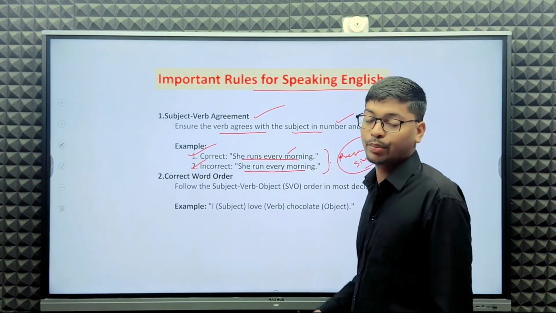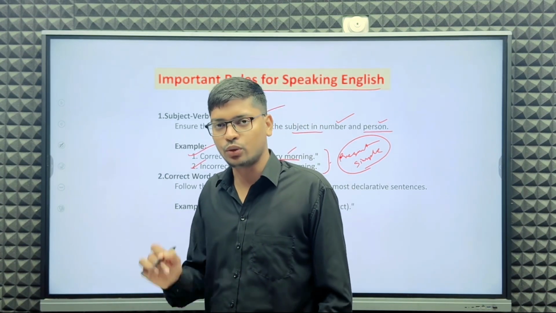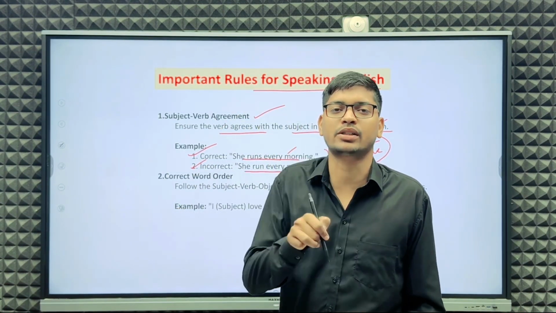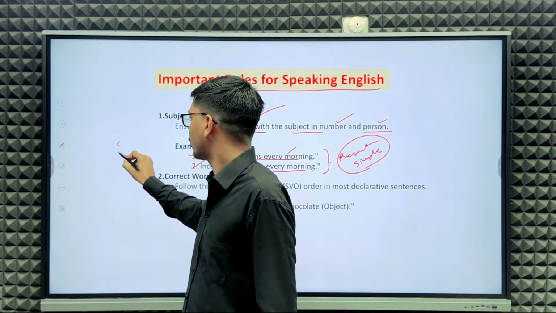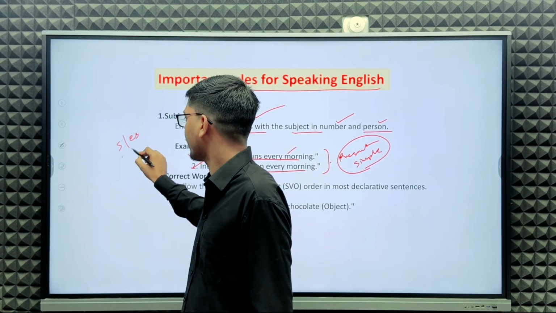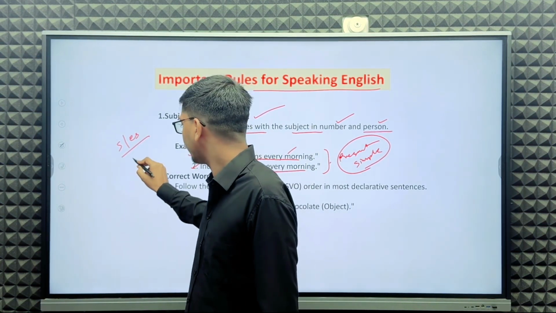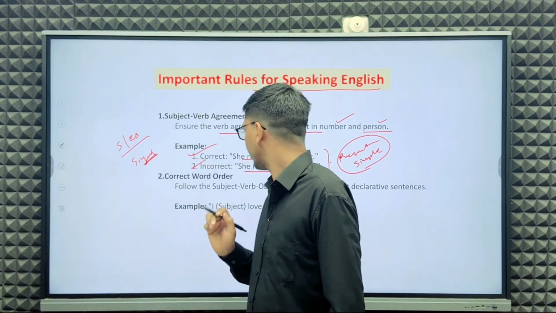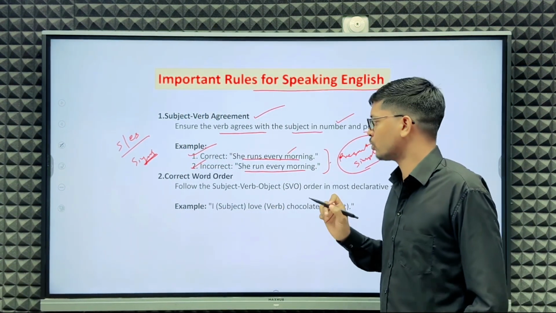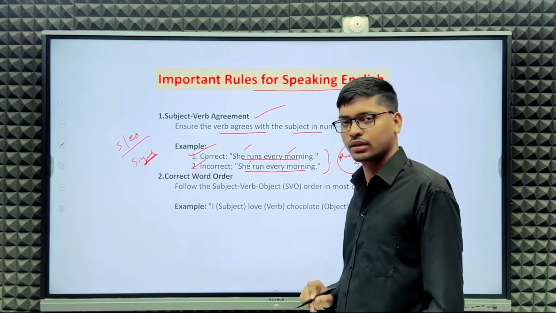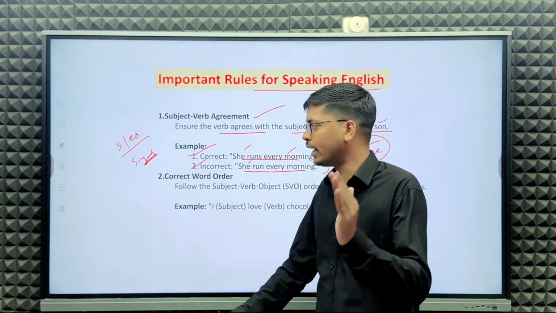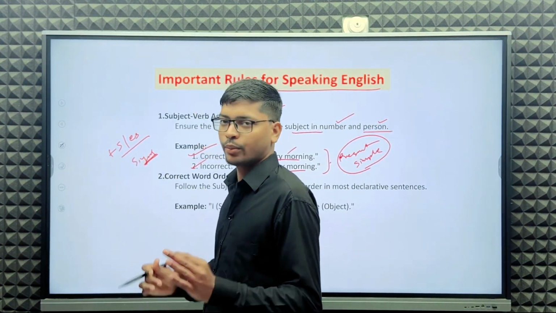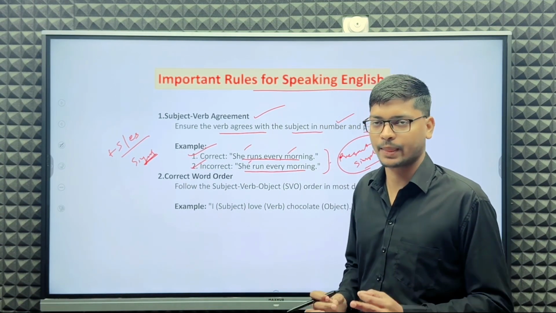If it is present simple tense, then in a simple sentence we have to use s or es with a singular subject. So she is a singular subject, so with a singular subject we have to add s or es to the first form of the verb.